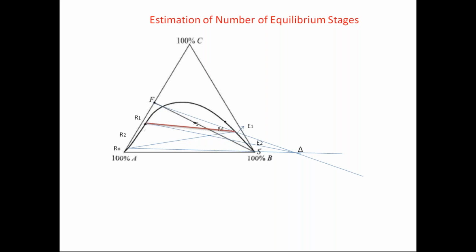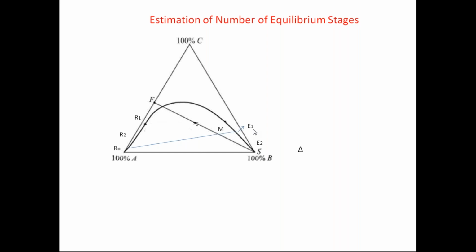Again, let us see this one. All of you know that this is a ternary diagram, and FS is the line which is called the feed line. So you know the xF value here and the S value here. So the first point which you have to find out is E1.